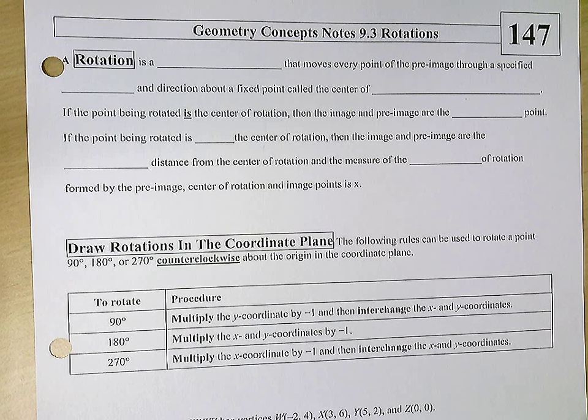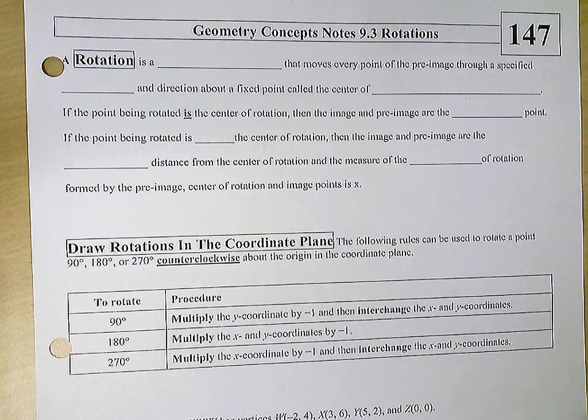You have a review tomorrow, and then you will take your quiz. It's just on reflections, translations, and then today's rotations. That's all it's on, so you should do just fine. Are we getting a review for that tomorrow? Yes. All right, so we're going to get started on rotations for today.